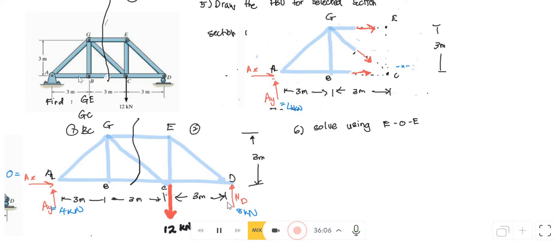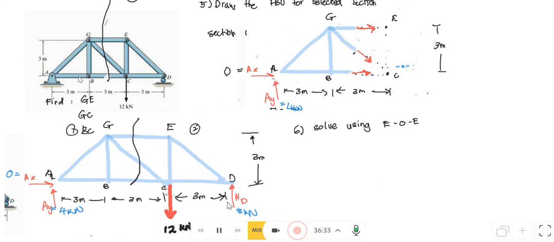We know that the y here is 0, so if you don't put it in your FBD, it is also okay, so you don't mix up. But again, you can see that BC and GE only have the x component, but not the y. Member GC will have a y component.